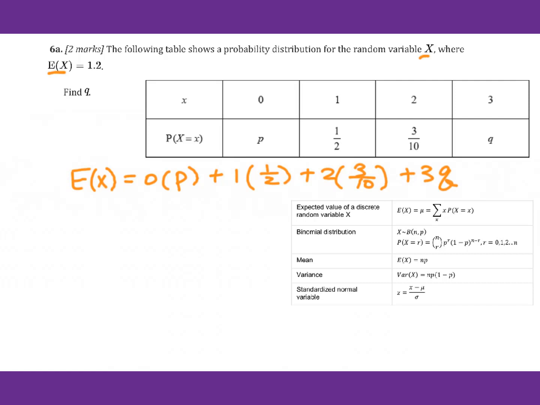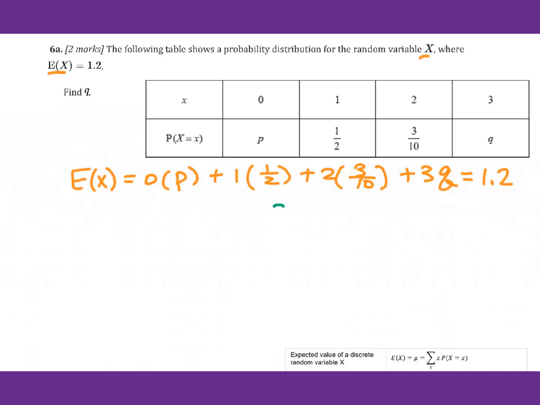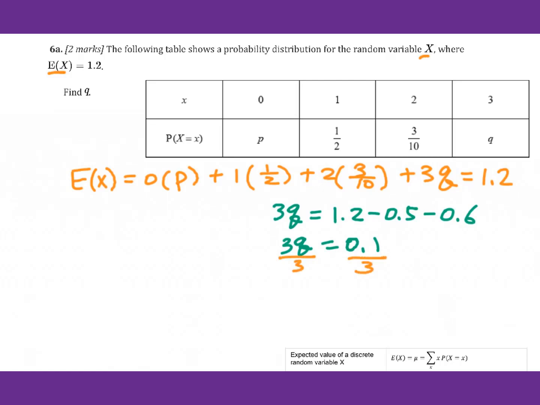It will equal 1.2. Therefore, 3q equals 1.2 minus 0.5 minus 0.6, you will get 0.1. Then we divide by 3 on both sides. You will get q equals 1/30.